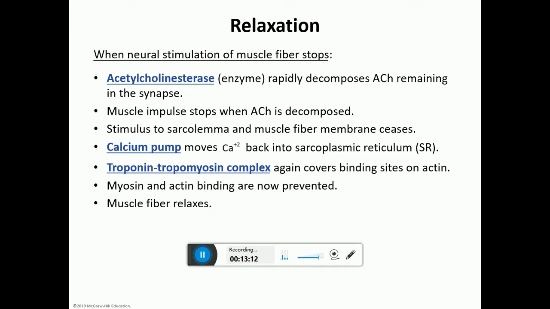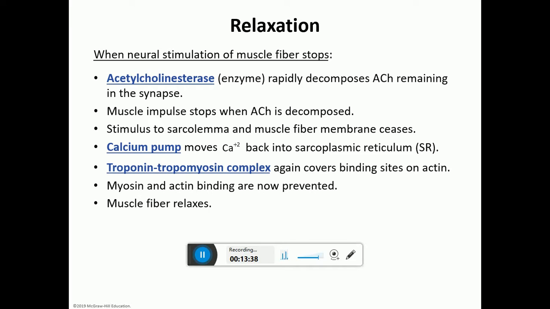The muscle also has the ability to pump, or more properly to vacuum back in, all of the calcium that it released. So there's a calcium pump that'll put all the calcium back into the sarcoplasmic reticulum.